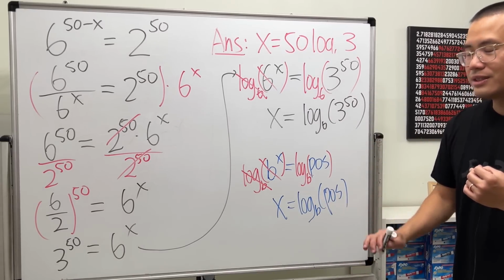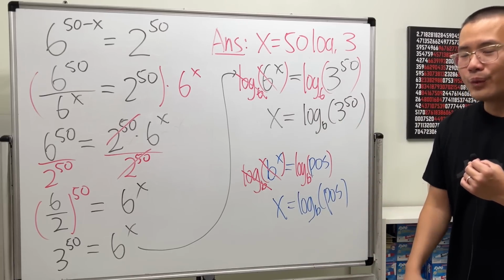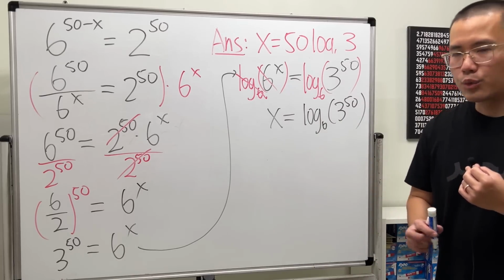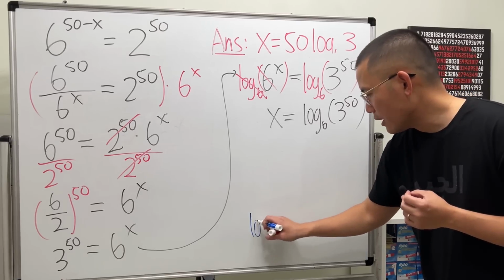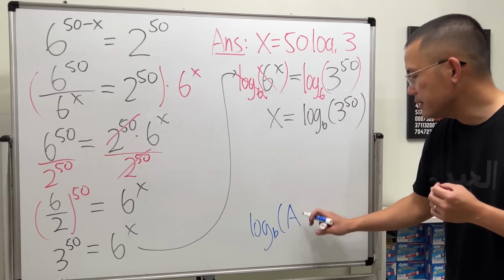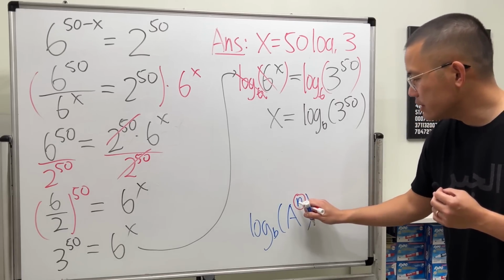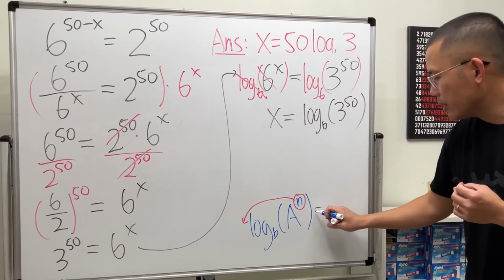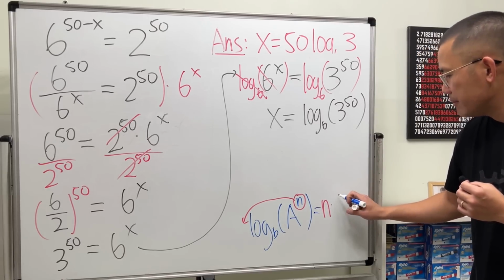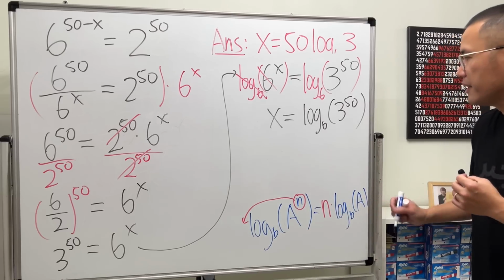Okay, so this is one logarithm rule that you have to know. But how about this right here though? Well, here's another logarithm rule that you have to know. If you have a logarithm with some base b, and let's say you have something like a raised to some power n, you can bring the exponent to the front and make it into a multiplication: n times log base b of a.